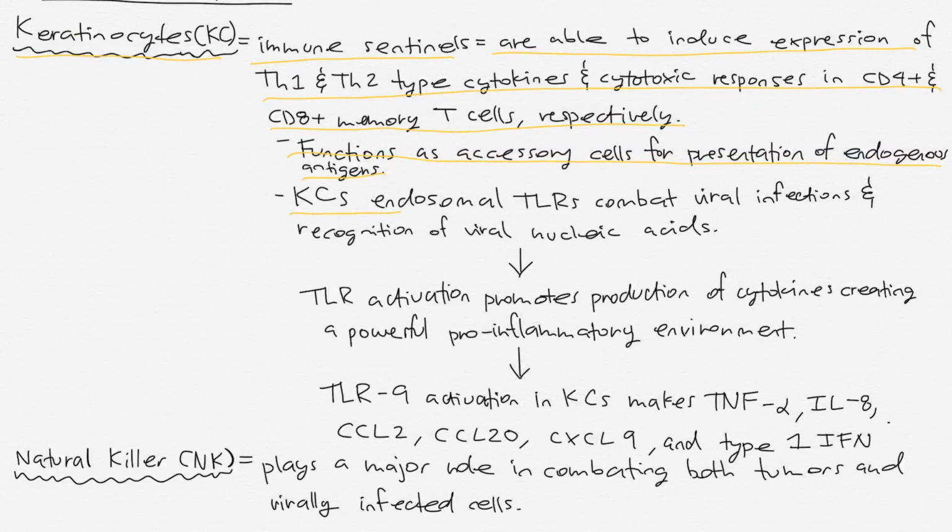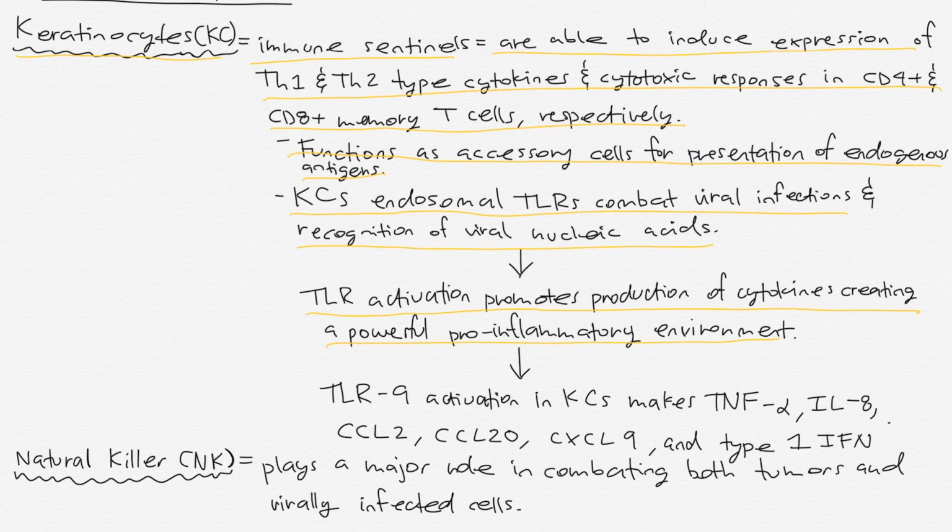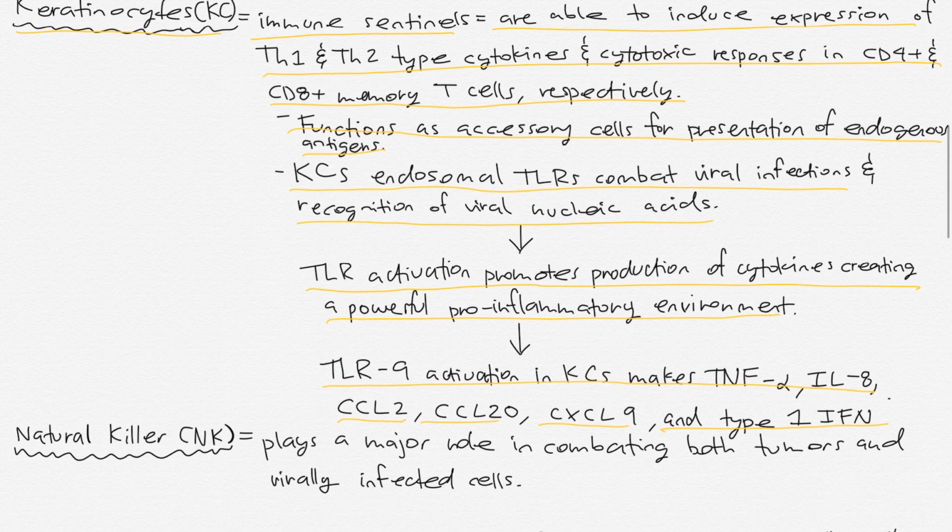KCs also possess an endosomal TLR, which combats viral infections and recognizes viral nucleic acids. TLR activation promotes production of cytokines, creating a powerful pro-inflammatory environment. TLR9 activation in KCs makes TNF-alpha, IL-8, CCL2, CCL20, CXCL9, and type 1 IFN.